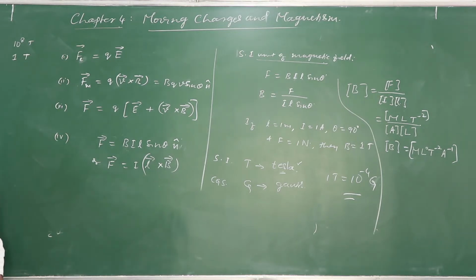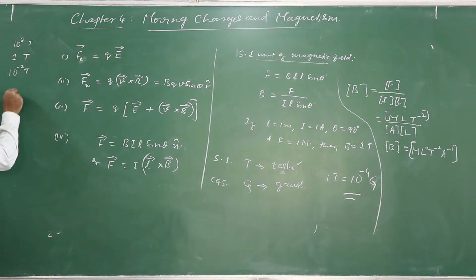If you take the magnetic field around a bar magnet, it will be around 10 raised to minus 2 or minus 3 Tesla, depending on the nature of the magnet you have, the composition of the magnetic material.